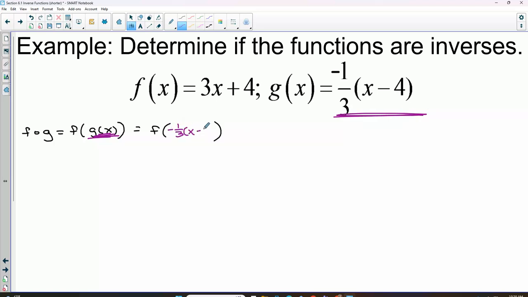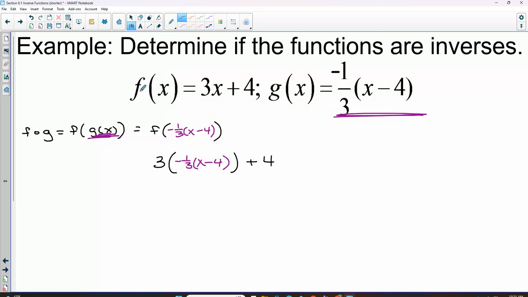We have 1/3 times x minus 4. When I say f of that, that means I'm going to function f, but I am replacing the x with the thing I'm plugging in, which was my negative 1/3 x minus 4.